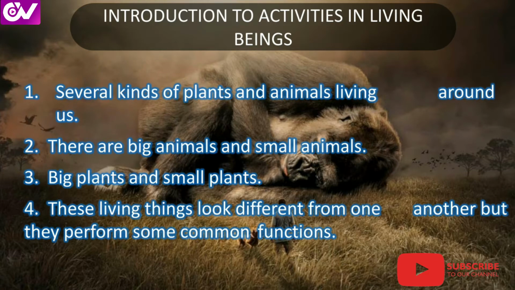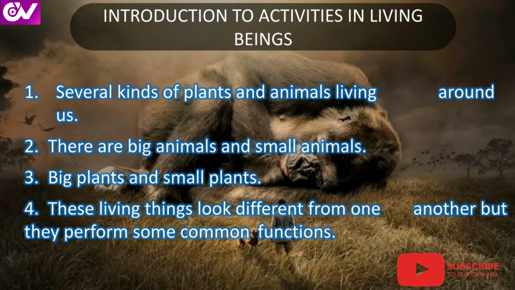Here mostly the characteristics of animals and human beings will be the same, whereas plants will differ slightly from these two categories. So there are several kinds of plants and animals, living beings around us. There are big animals and small animals too.